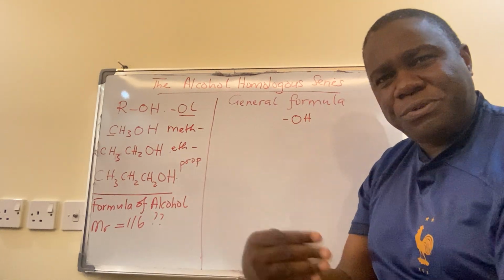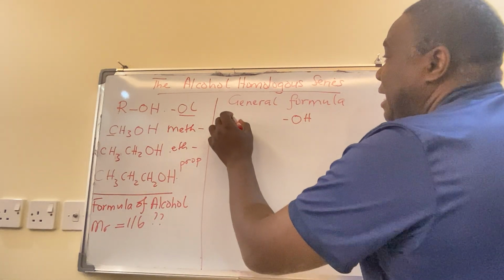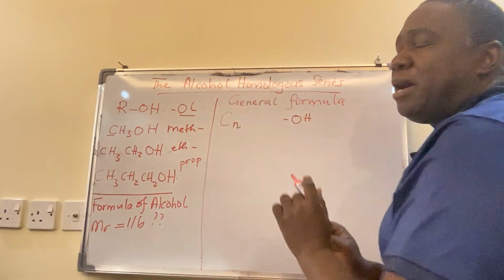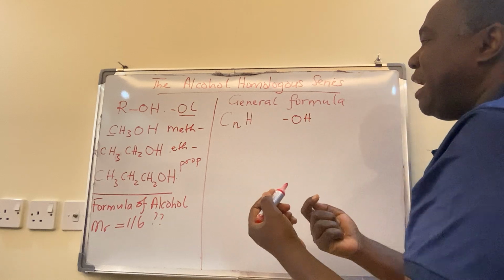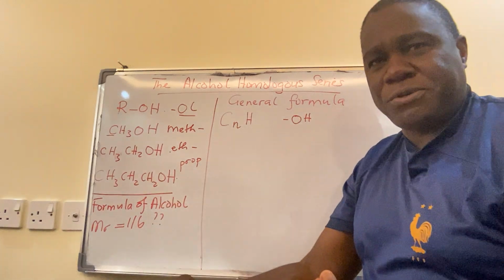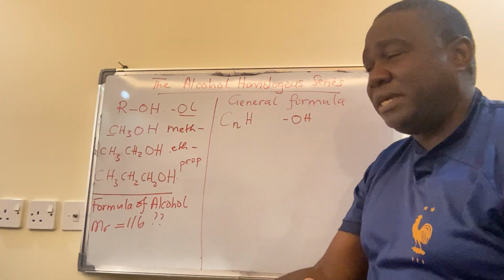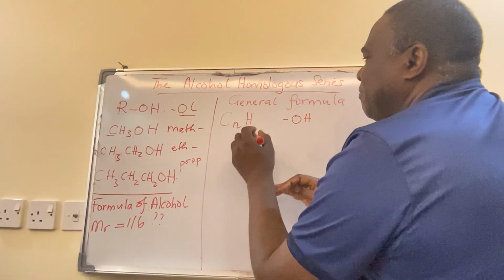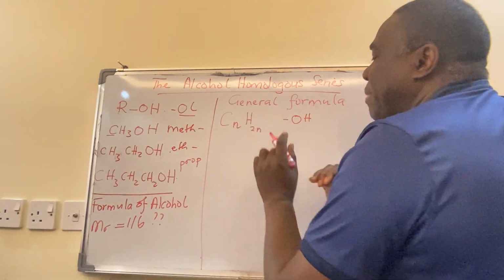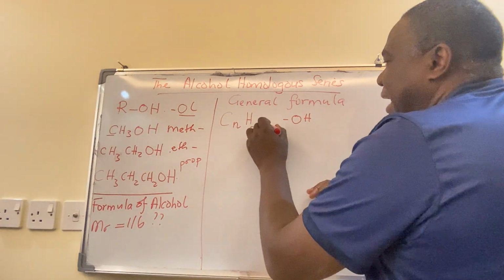So there's a pattern which is repeating here. If I have a certain number of carbons and want to find out how many hydrogens I have, there's a certain mathematical procedure: I have to multiply by 2, and then add 1.